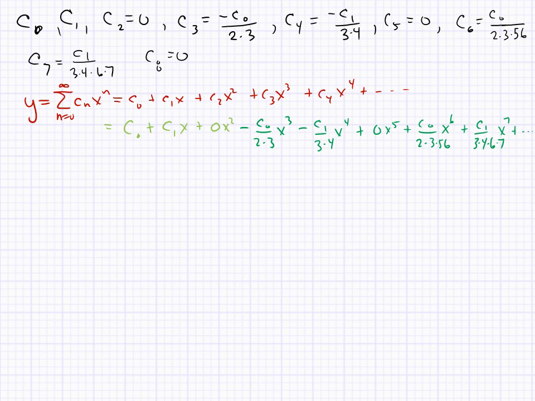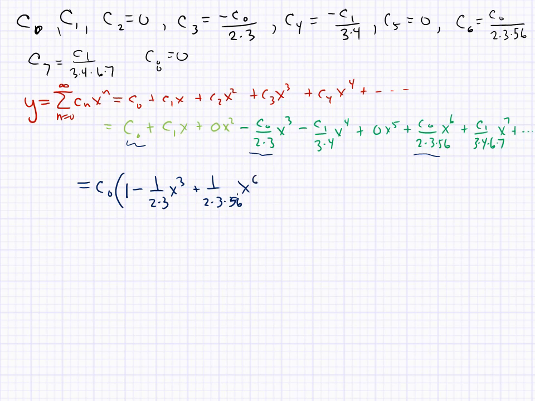So then if we look at this, that's the solution y. But really we could break this up into two different things. Certain terms have c sub 1s and certain terms have c sub 0s. So if I take all the c sub 0 terms and put those together, and factor out the c sub 0, I would get 1 minus 1 over 2 times 3 x to the third plus 1 over 2 times 3 times 5 times 6 x to the sixth.